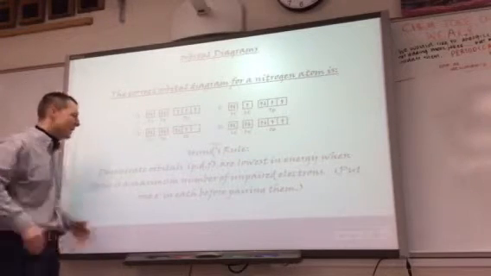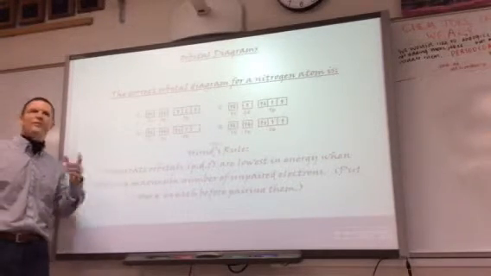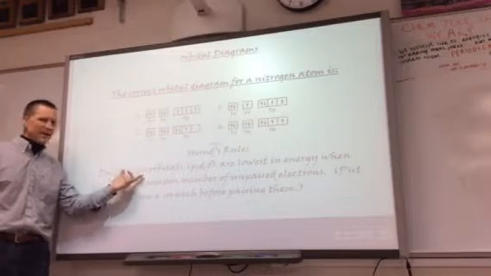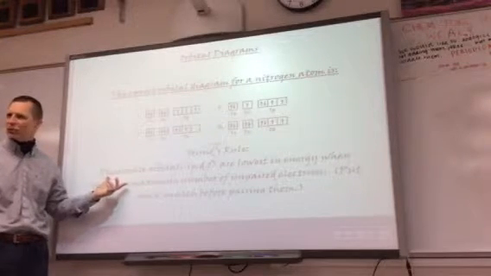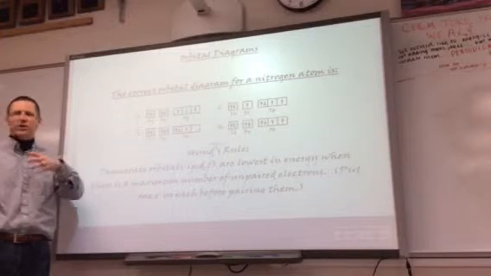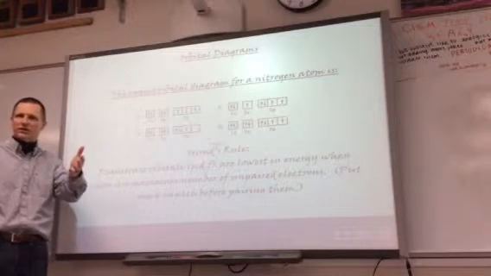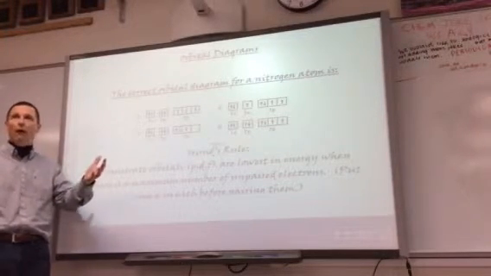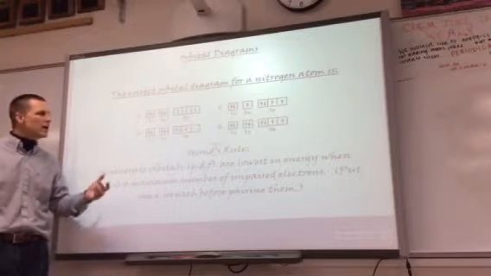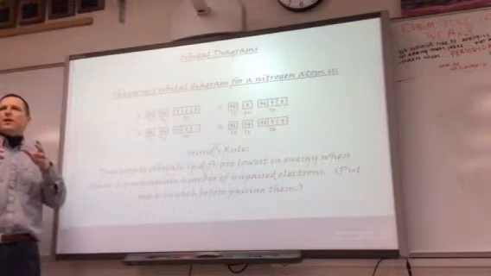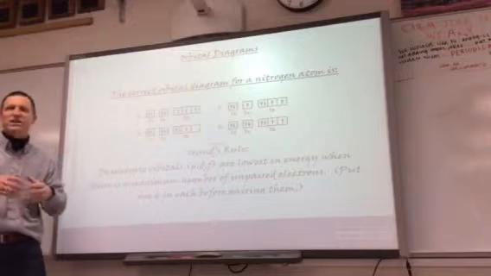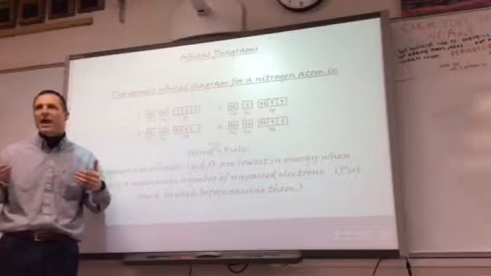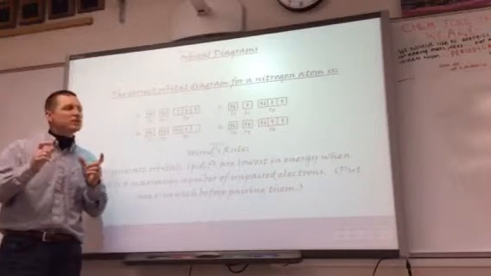Now, both in my 4th and 5th hour, I got kind of a reaction from the class when I used the word degenerate. The word degenerate, you know, when we're talking about people, is like an insult. But the word degenerate in a science context just means you have things that have the same energy, and they're virtually interchangeable.